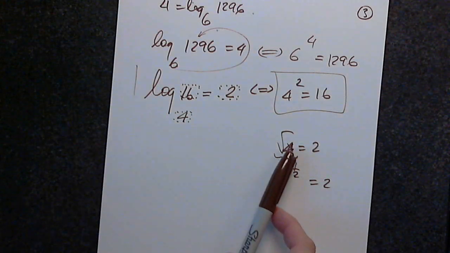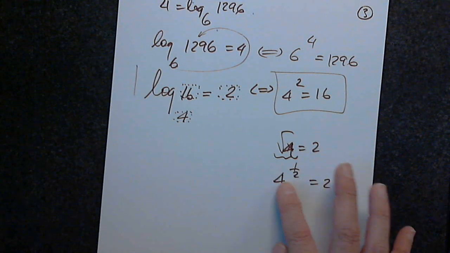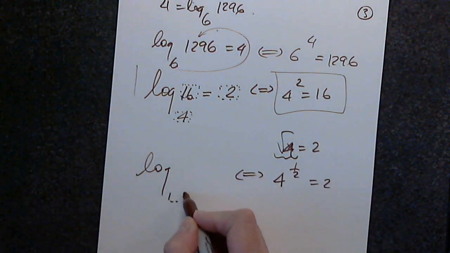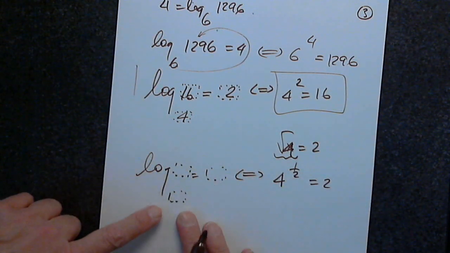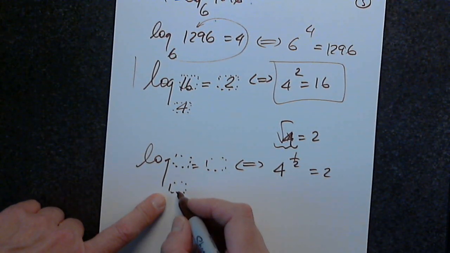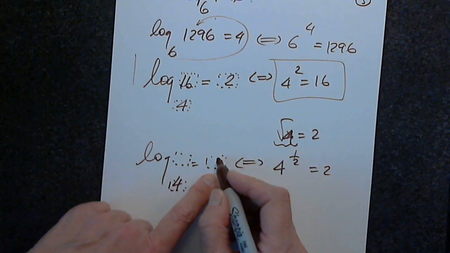This 4 to 1/2 is the square root of 4, correct? Yes. Good. So rewriting this in this form, now I can write the log. What is the base? 4. What do I raise it to?